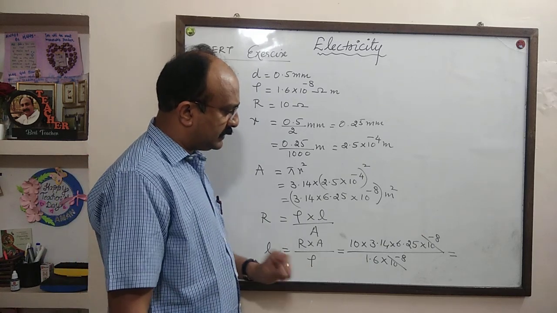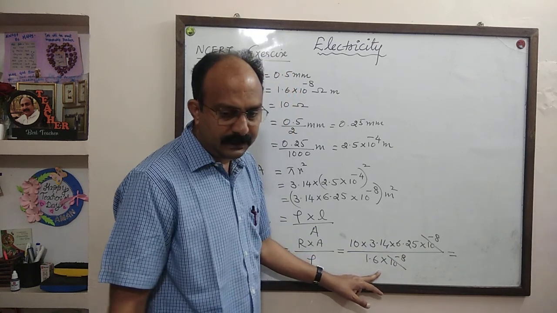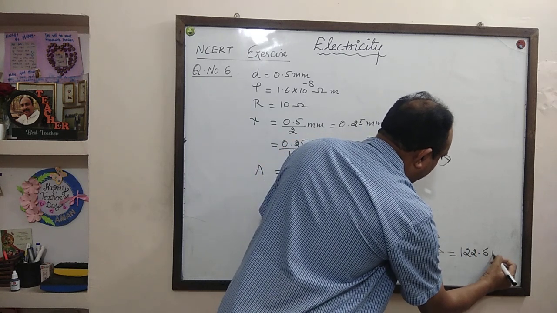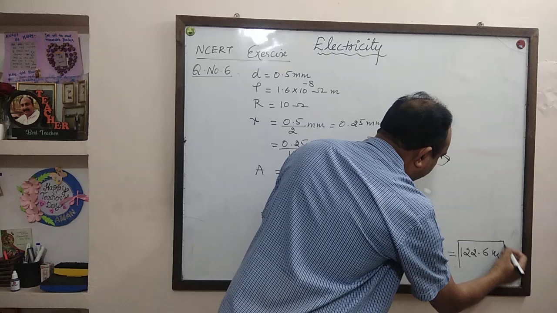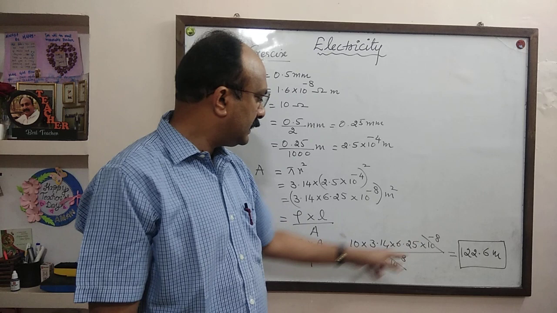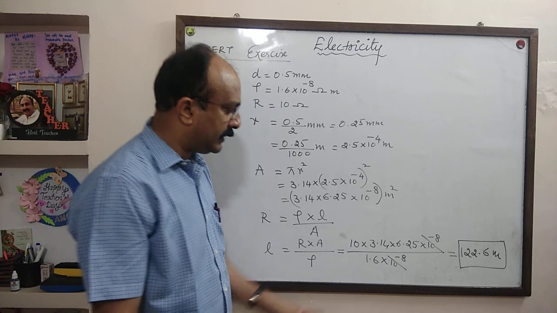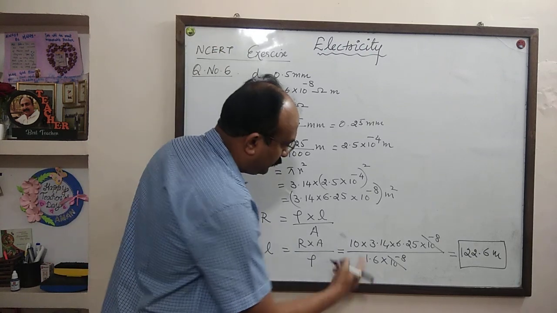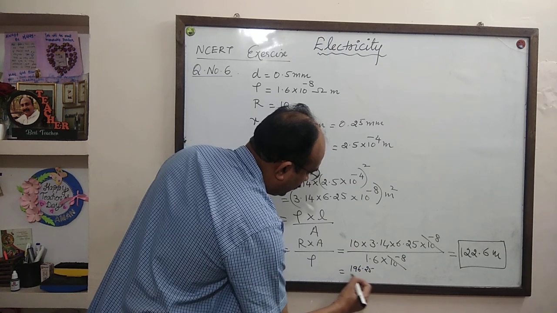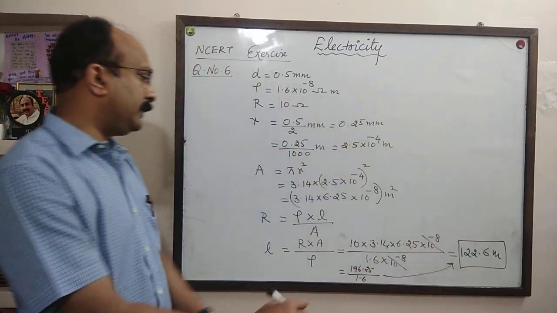196.25 upon 1.6 is 122.6. You take your own time to do the calculation, just a simple calculation. 196.25 upon 1.6 will give you 122.6 meter.